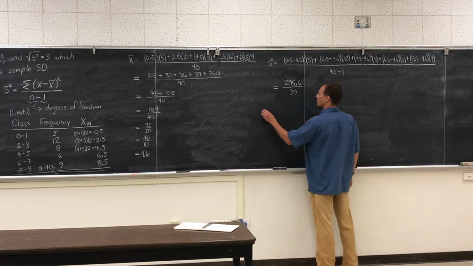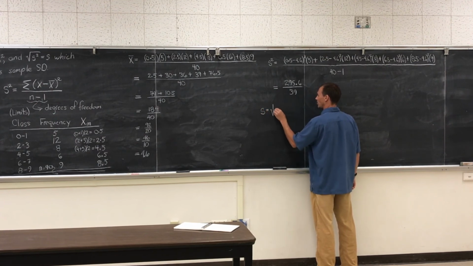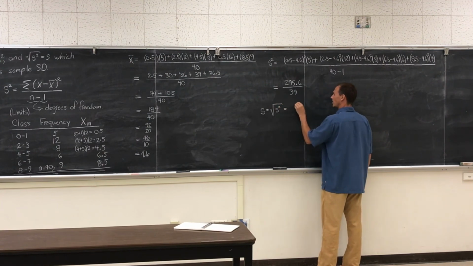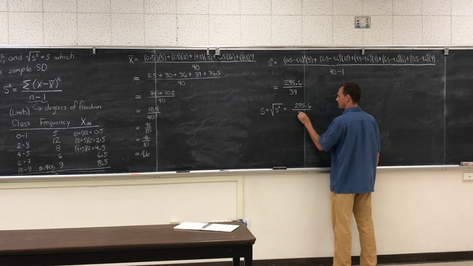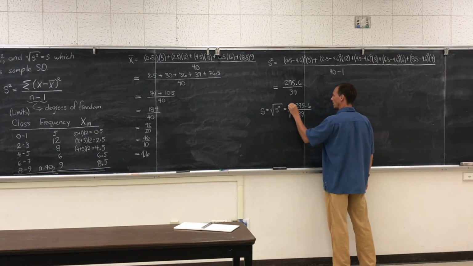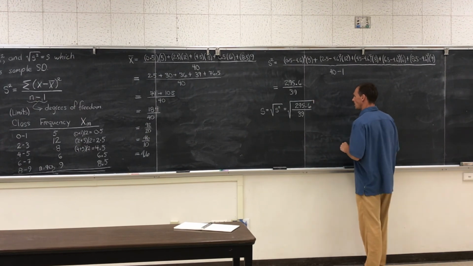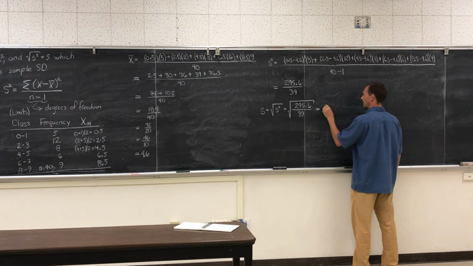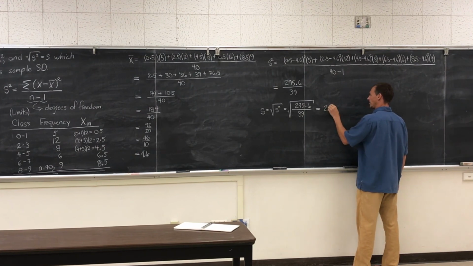So remember that the standard deviation S is found by taking the square root of the variance. Well, the variance is 295.6 divided by 39. Take the square root of that number, and I believe you're going to get 2 point, and it goes out 7, 5.